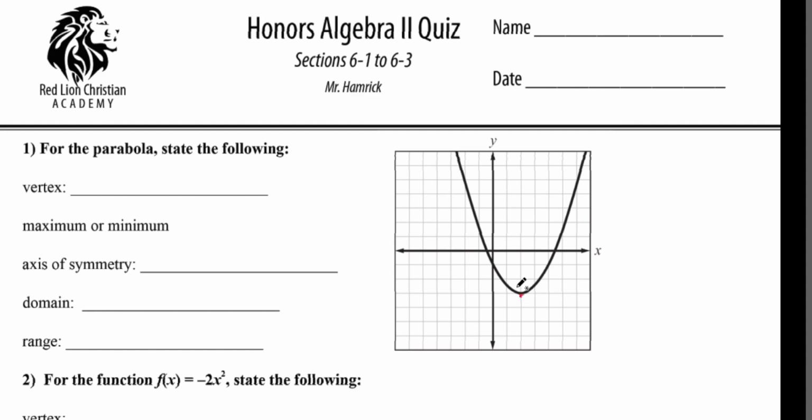That's a minimum. Axis of symmetry is the one that goes right down the middle. Boom, boom, boom, boom. That right there. It's a vertical line. Vertical lines are always x equals wherever it goes through. So where is it? At 2. Okay, x equals 2. The domain are all the x values. What are all the x values? They get everything, right? Because that keeps on going.